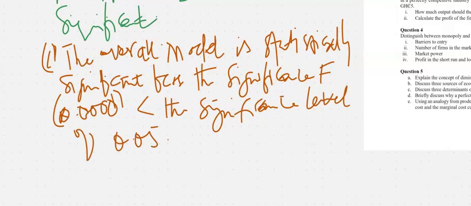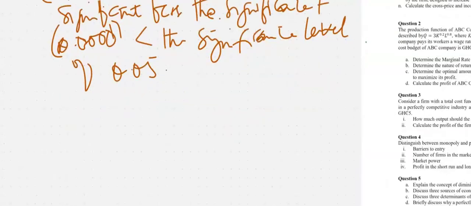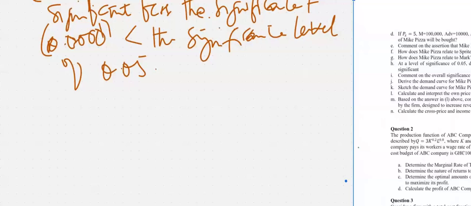That's it. So the overall model is statistically significant because the significance F is less than the significance level of 0.05. We are done with I. Any question? No. All right, so we are done with I.